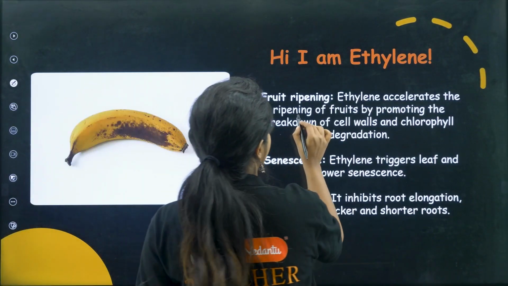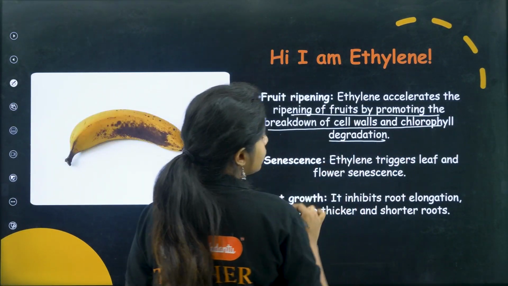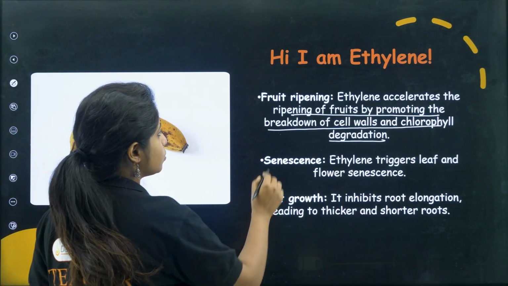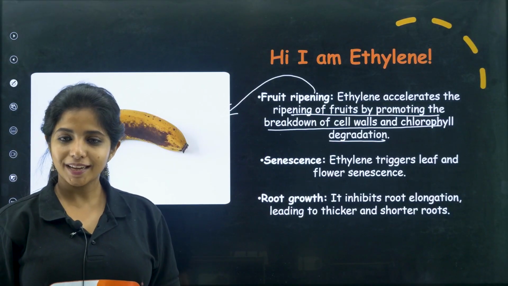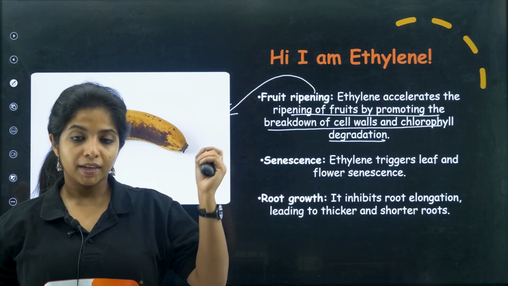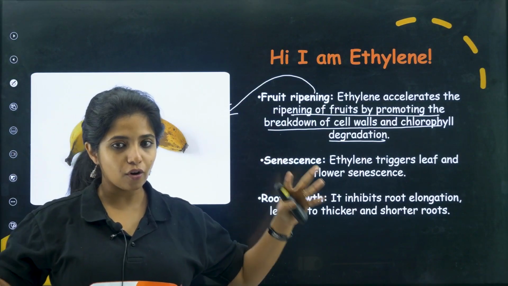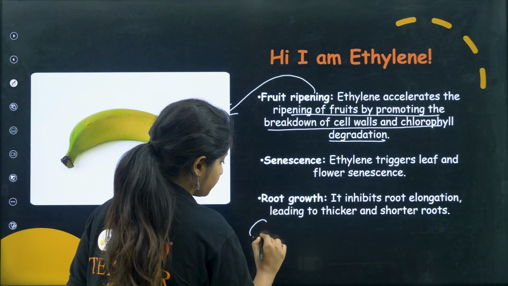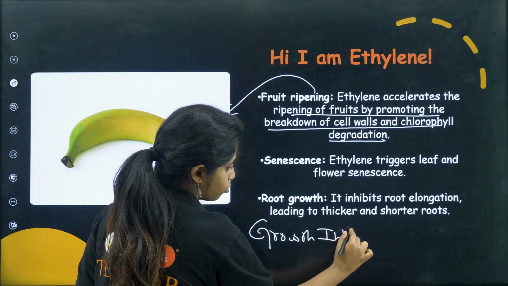Because ethylene accelerates the ripening of the fruits by promoting the breakdown of cell walls and chlorophyll degradation, senescence, everything. So basically, it is mostly associated with fruit ripening. You just have to remember that. Ethylene is for fruit ripening. It's a gaseous hormone that is being released. So this is also a growth inhibitor. It is not promoting growth by any chance.